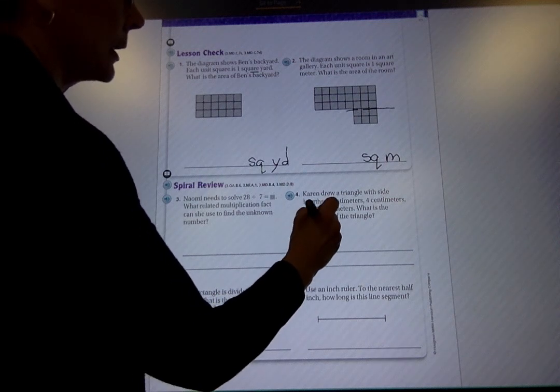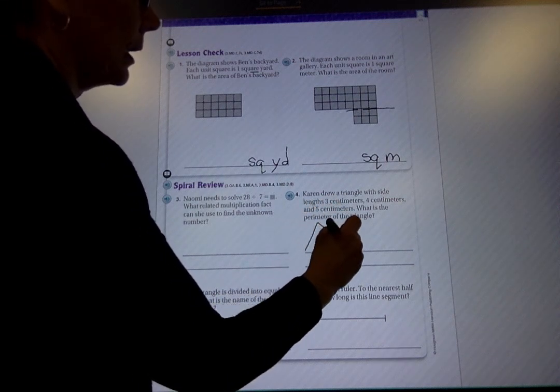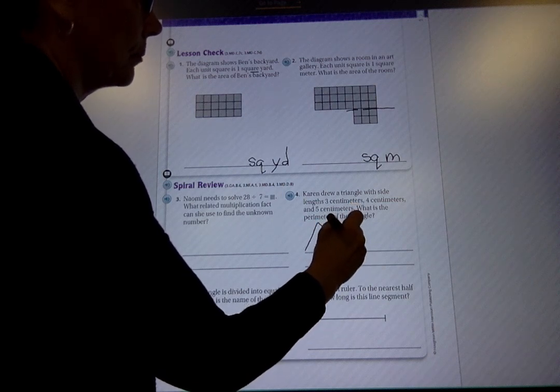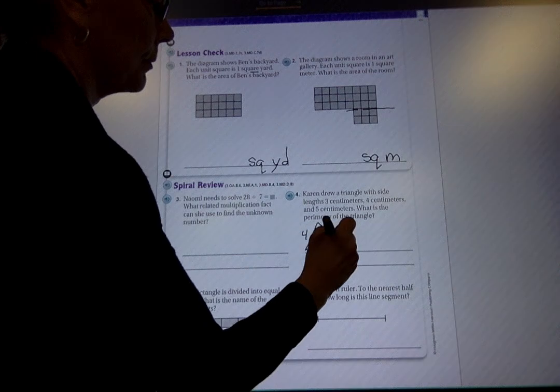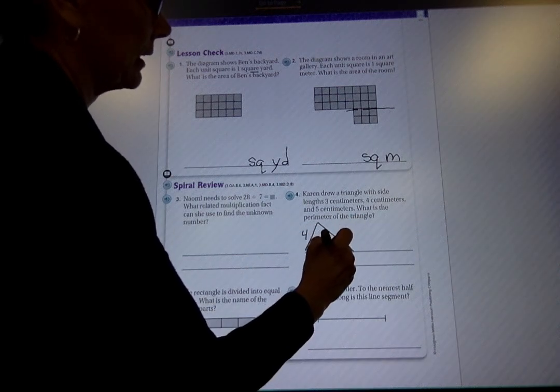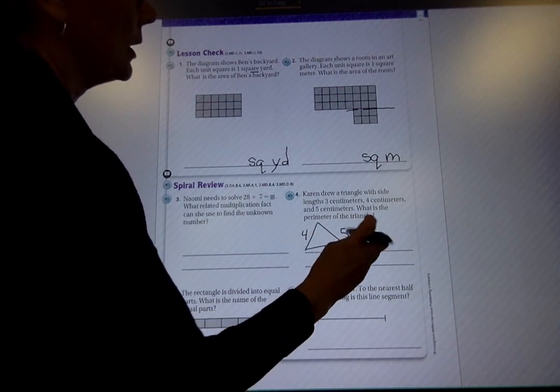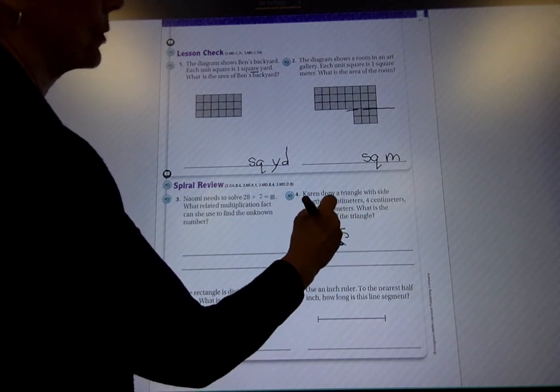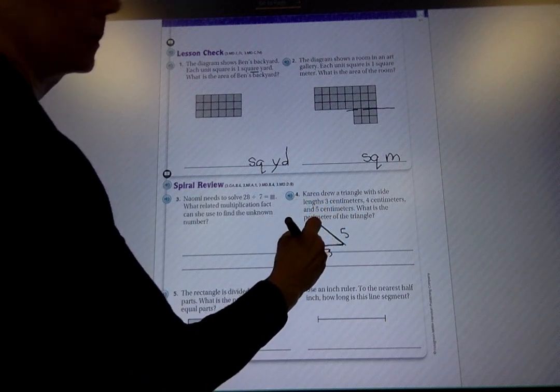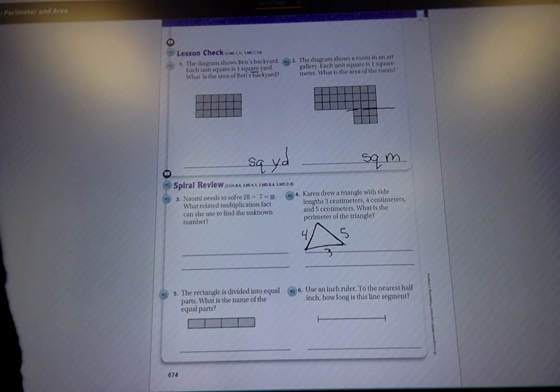So, let's see. 5 by 4. Now, this doesn't really look like 3, but that doesn't matter what it looks like in this case. We want to know the outside measure, the perimeter. So do you remember what to do for that? If you're not sure, go back to the first 2 lessons in this chapter.